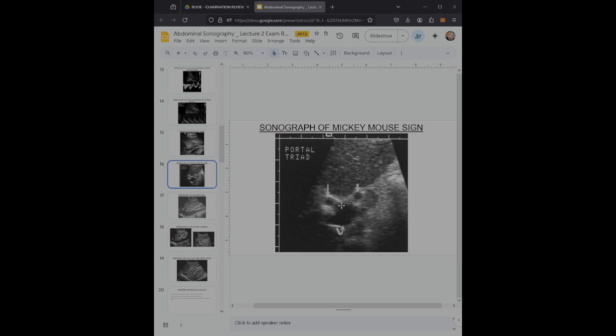This is a transverse image of the porta hepatis, and the face of Mickey Mouse is shown as the portal vein, and the ears here are formed from the common bile duct and the hepatic artery.